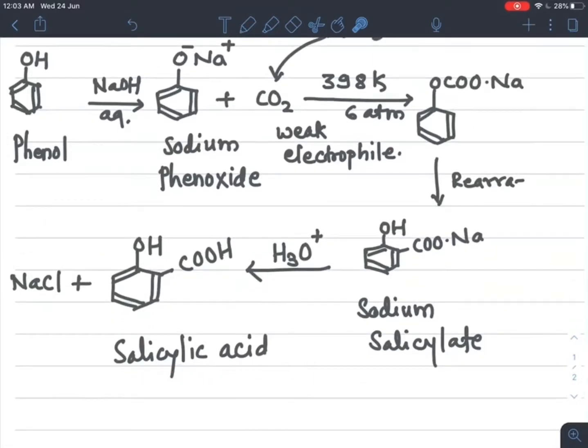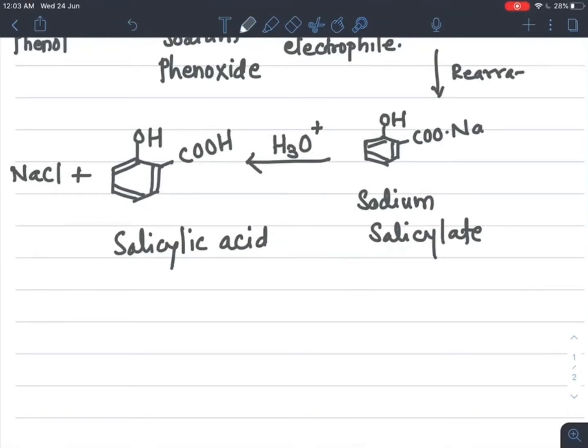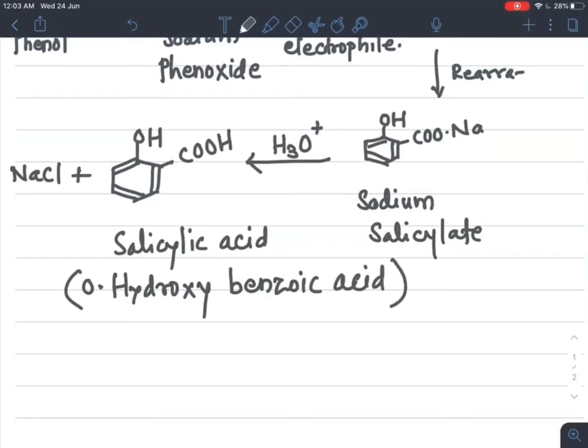Salicylic acid. Salicylic acid is nothing but ortho-hydroxy benzoic acid: at the ortho position the OH group is present, and the main product is benzoic acid.